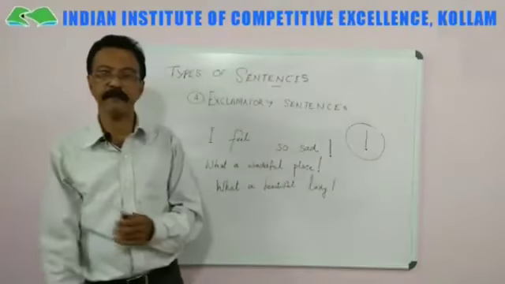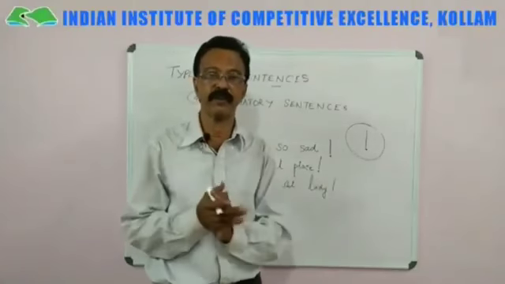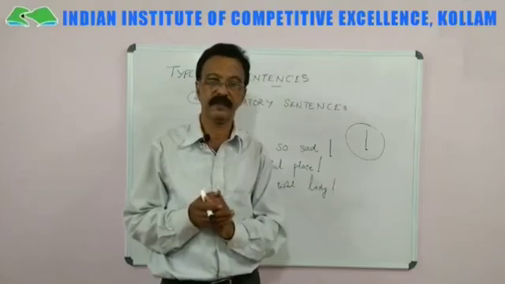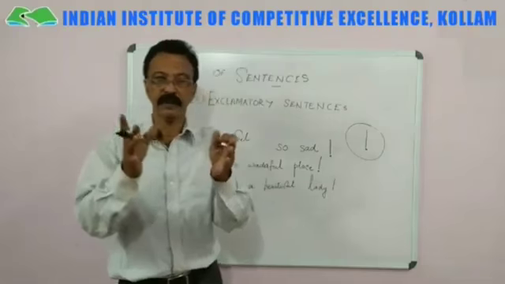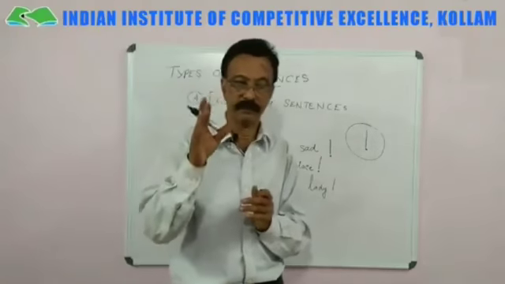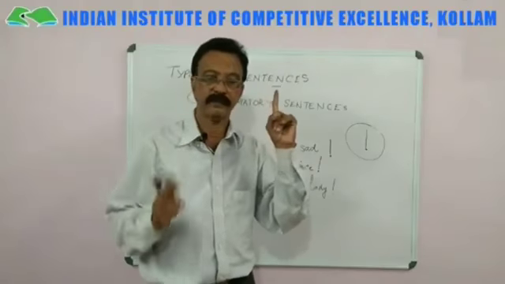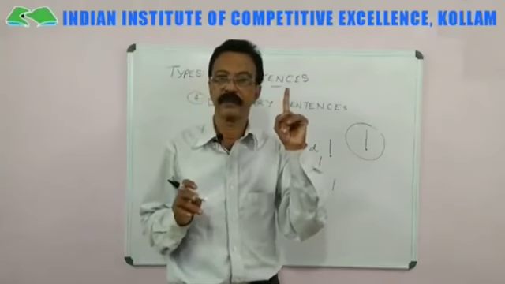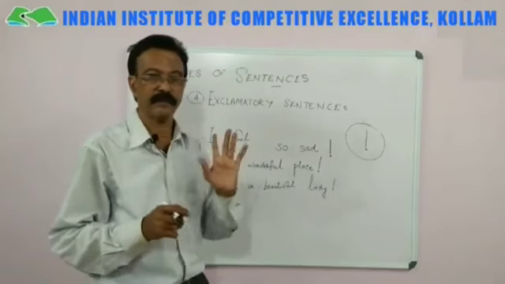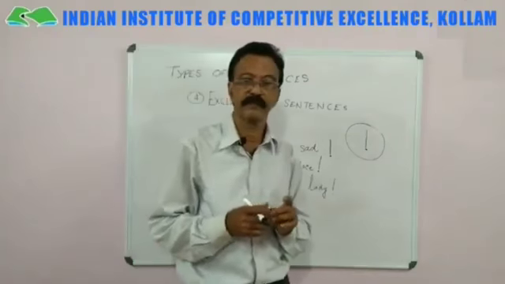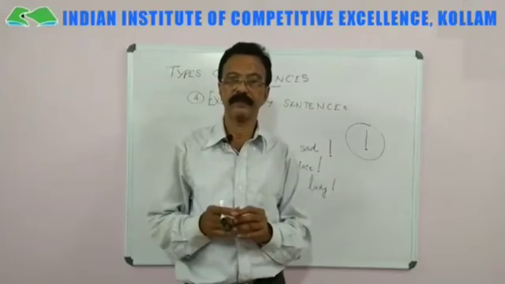Now from the beginning, according to purpose, there are 4 types of sentences. If you close your eyes, you can say them in your mind. First, declarative sentence. Second, imperative sentence.